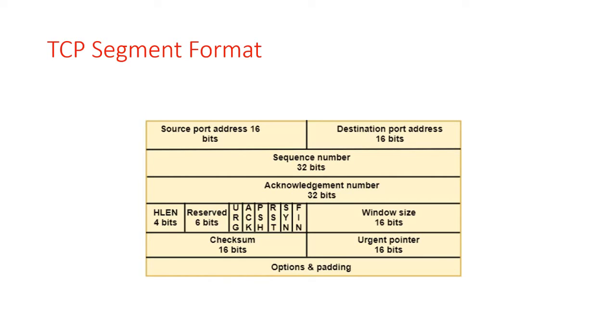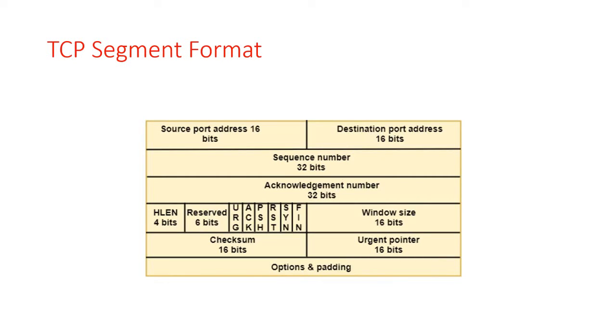The next is the sequence number. Okay, so why do we use the sequence number here? Because in the TCP protocol, we send the data in the form of a sequence of bytes or a stream of bytes. So for that we require the sequence number.